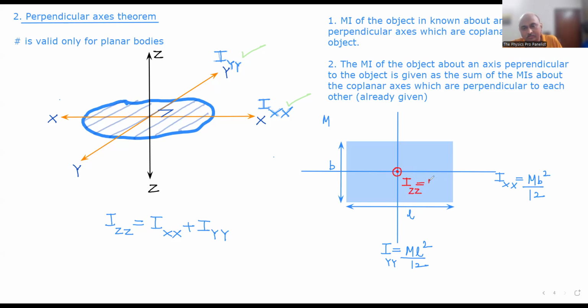And this is M by 12 (B square plus L square). ठीक है. I hope all of you understood this. Yes or no? Yes, sir. This came from Ixx plus Iyy. लिख लीजिए इसको.